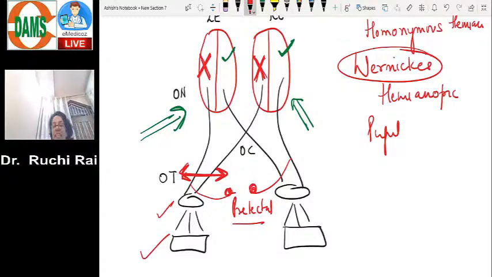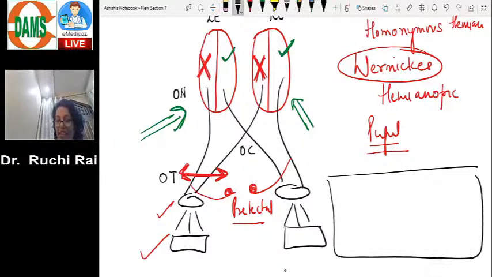My next question: do we mean that in the lesions of optic radiation and visual cortex, pupillary reactions are normal? Are we saying that pupillary reactions are normal? Yes. Okay, so I want you all to make another box here and note down nicely so that you never forget.